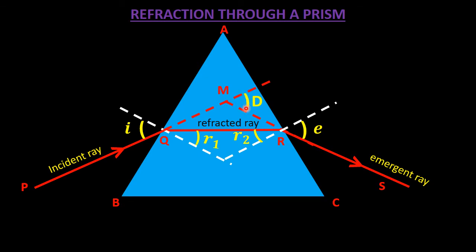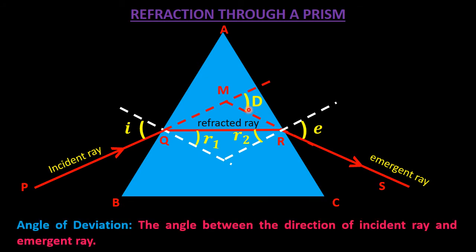So this angle we call the angle of deviation, and it is represented by capital D. We define the angle of deviation as the angle between the direction of the incident ray, and the emergent ray.